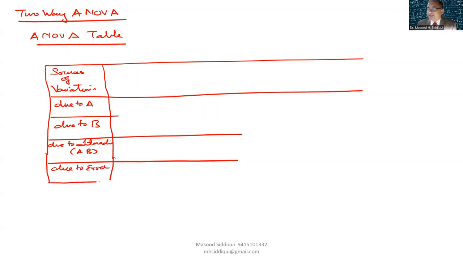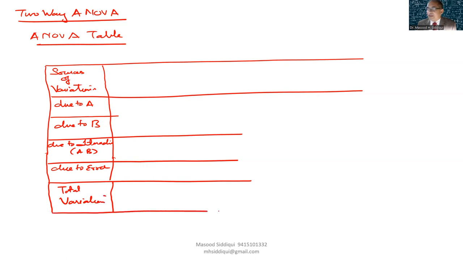Error means the extraneous term. And finally, we have total variation. So we are bifurcating, dividing, total variation into these four parts.